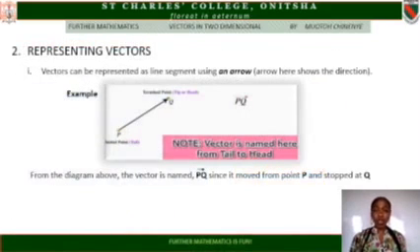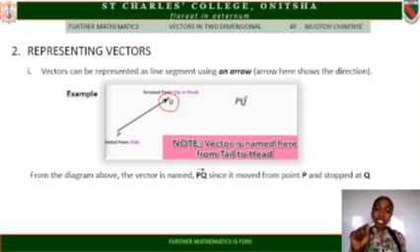Next aspect, which is representing vectors. It is very important you note that there are ways we represent our vectors, and with this, it differentiates them from ordinary letters. Take, for instance, the first one here is using an arrow. Whenever you are representing a vector, we put an arrow at the top of that vector. The arrow there shows the direction, and the arrow has 2 points.